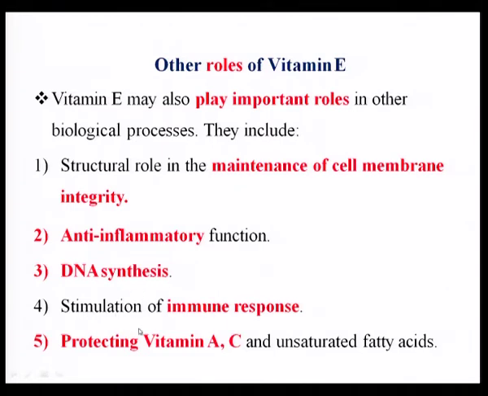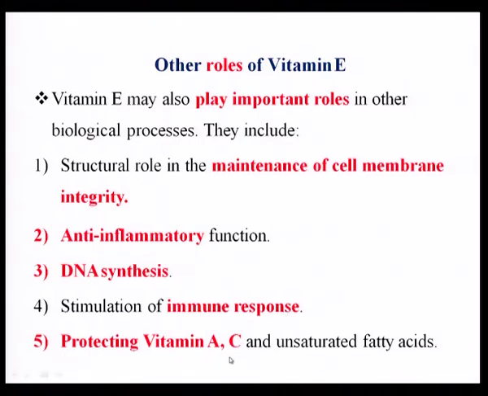That's what we mean by stimulating immune responses and thereby maintaining the immune responses. The stimulation is for activating these immune cells to attack the pathogenic surfaces. At the same time, on the note of preserving the host's surfaces, vitamin E would play an essential role.